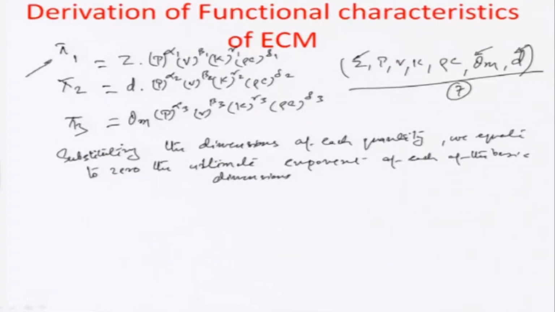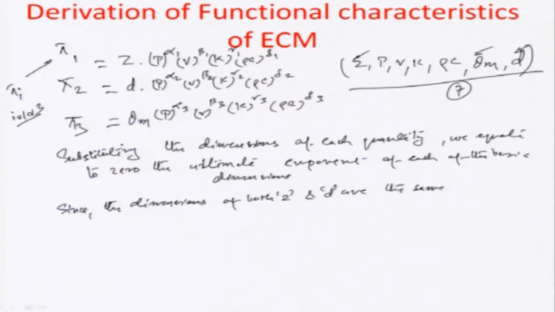We can call this set of pi's pi i, with i varying from 1 to 3, and since the dimensions of both z and d are the same, alpha 1 is equal to alpha 2, beta 1 equals beta 2, gamma 1 becomes gamma 2, delta 1 becomes delta 2.